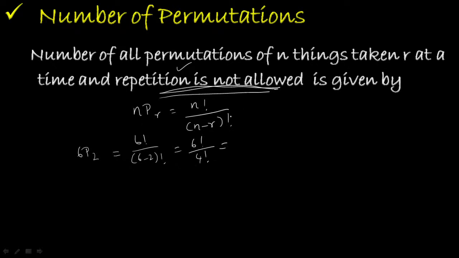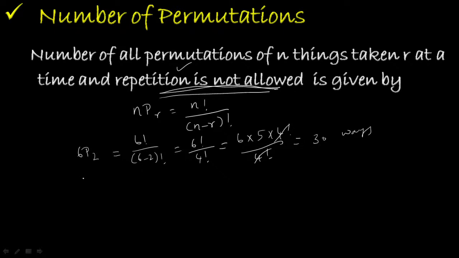You write 6, 5 and 4 factorial, and since the denominator has 4 factorial, cancelling both terms you get 6 fives are 30. So 6P2 is 30, which means among 6, if we choose only 2 at a time and repetition is not allowed, we have 30 possibilities.